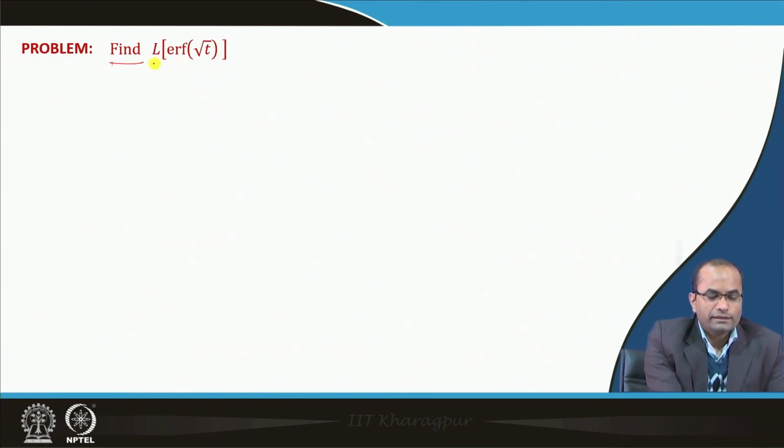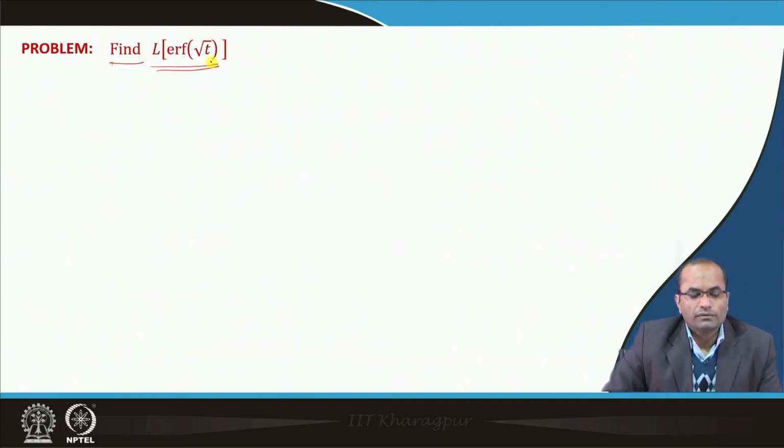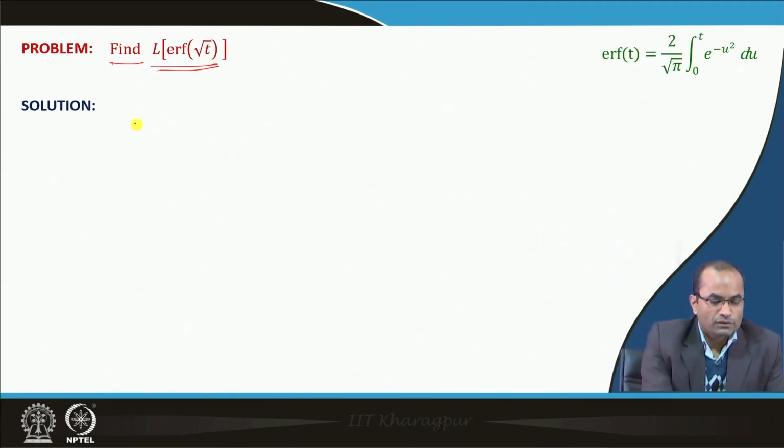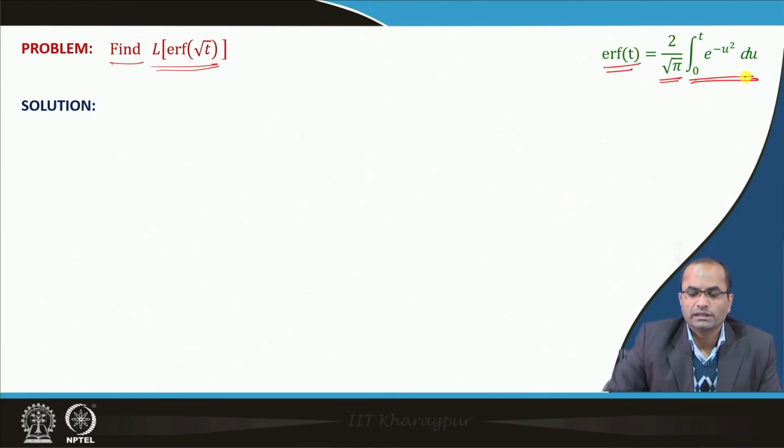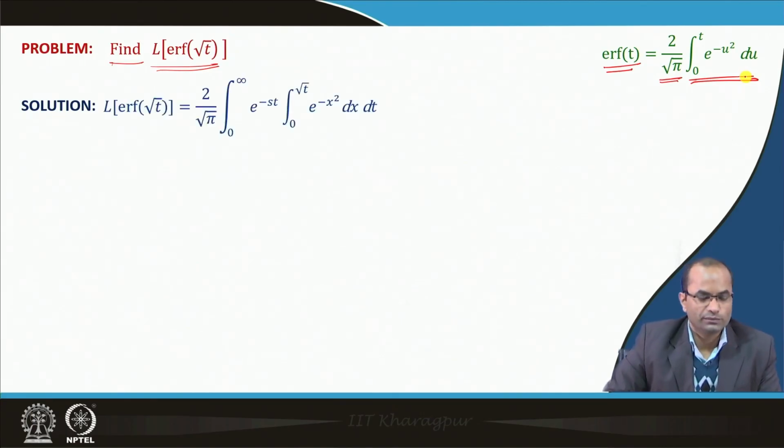So, how to find the Laplace transform of error function of square root t, for instance. So, coming to the solution, we have by definition error function of t is 2 over square root pi and then 0 to t e power minus u square du.